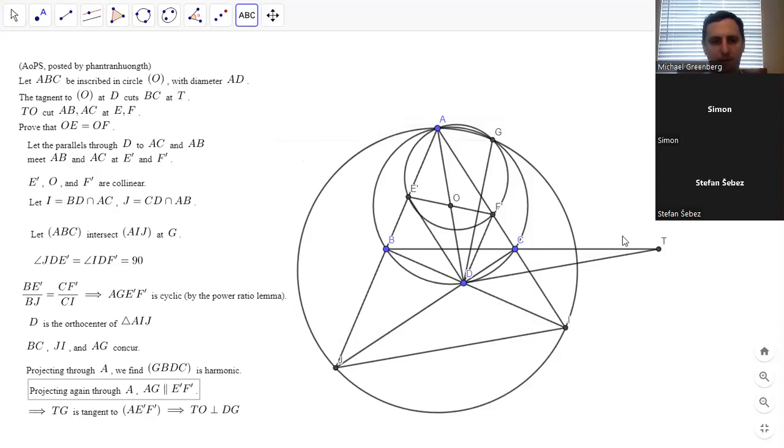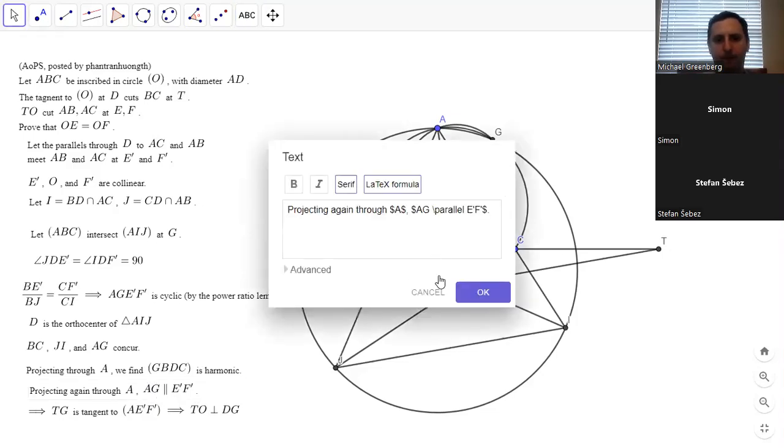And then since TG is tangent, TO is perpendicular to DG, but EF is perpendicular to DG. So this should imply that E prime F prime is perpendicular.